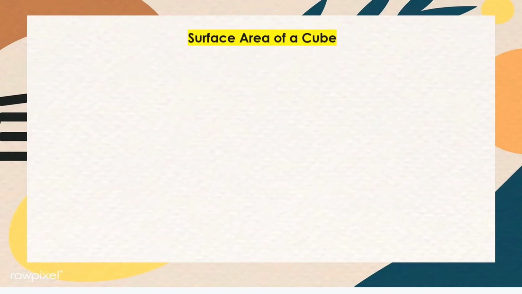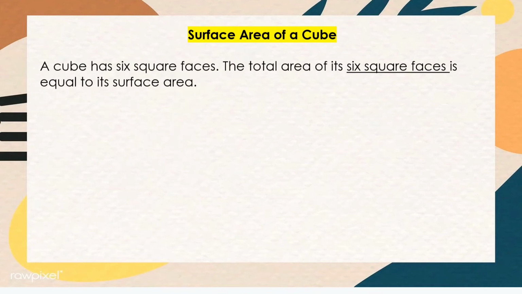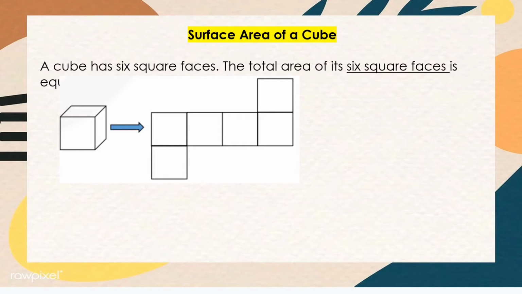So, let's have the surface area of a cube. We all know that a cube has 6 square faces. The total area of its 6 square faces is equal to its surface area. So we have here an example of a figure of a cube, wherein when we unfold the cube, it will be like this, which is considered the net of a cube.